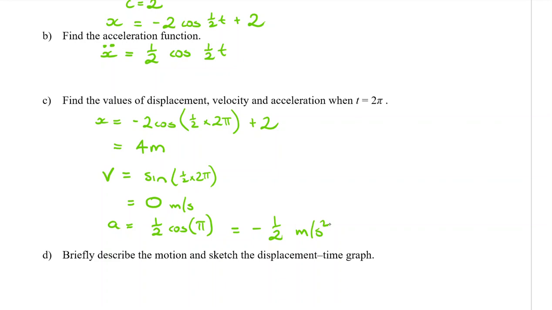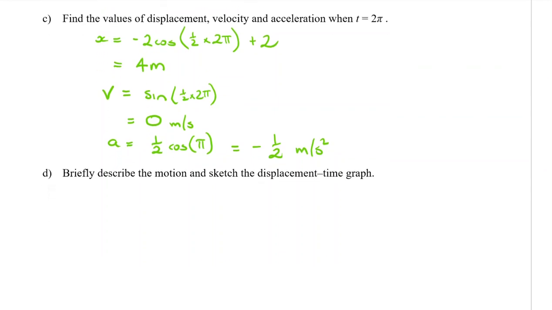Okay, part D. Briefly describe the motion and sketch the displacement time graph. If we're sketching the displacement graph, it means we want to sketch x equals minus 2 cos half t plus 2. That was my equation.